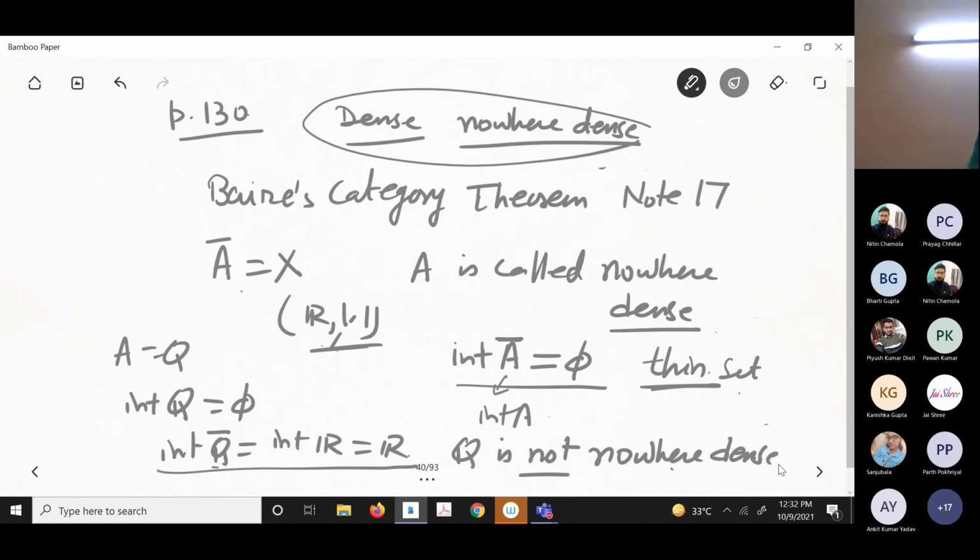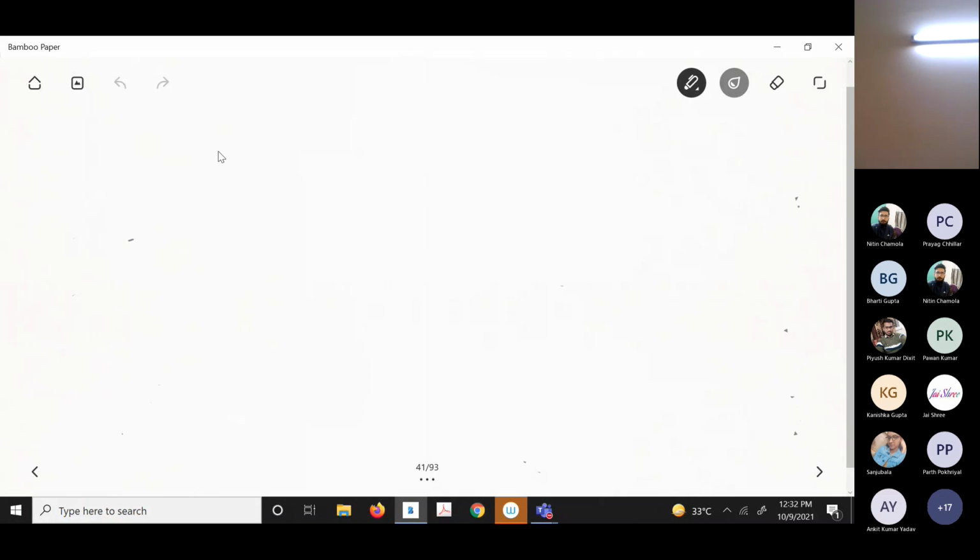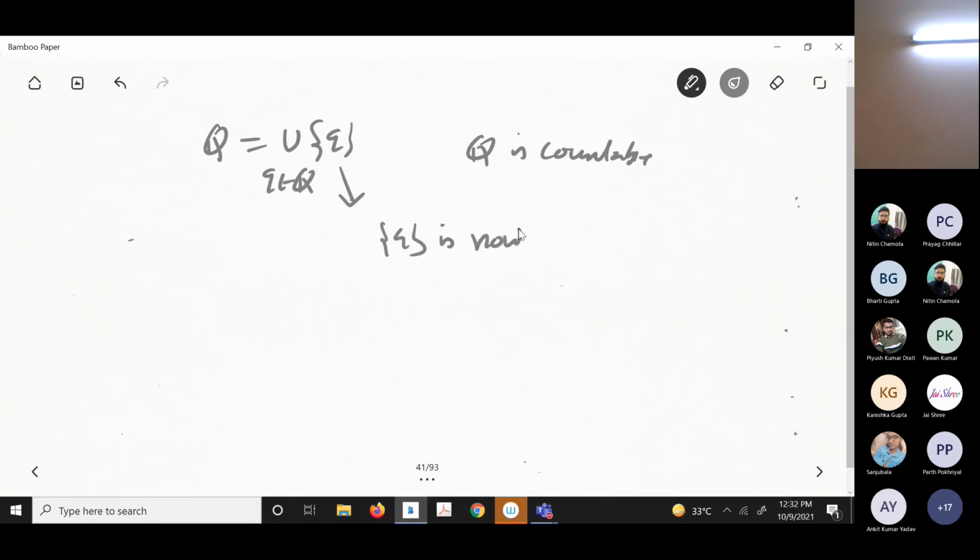Now look, though Q is not nowhere dense, I can write Q equal to the union of {q}, q belongs to Q. But Q is countably infinite. That means it is a countable union, and I have already seen that each singleton {q} is nowhere dense. While looking at the size of sets, even countable sets are considered small sets.